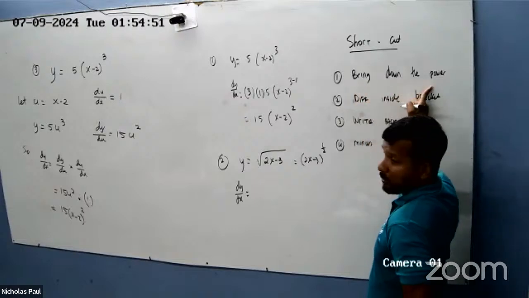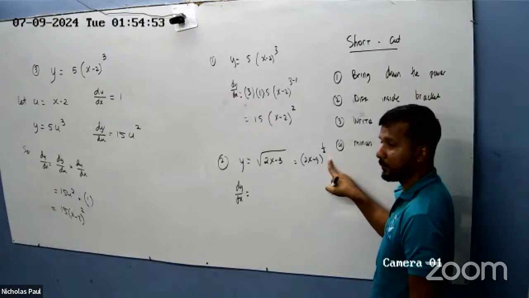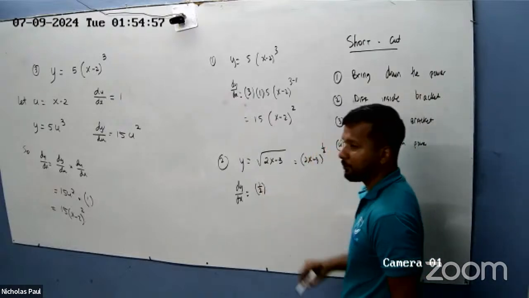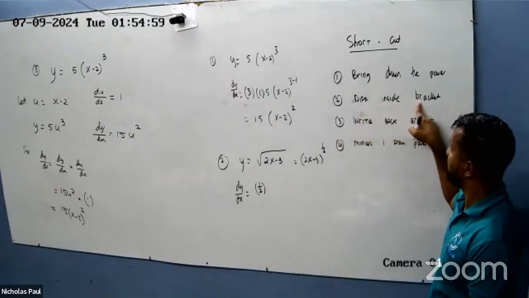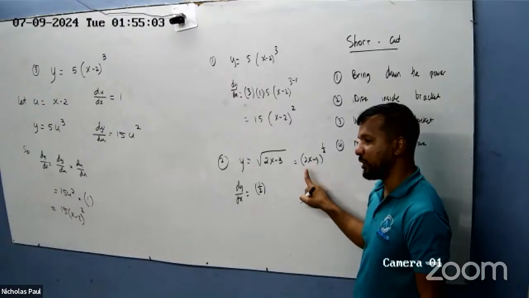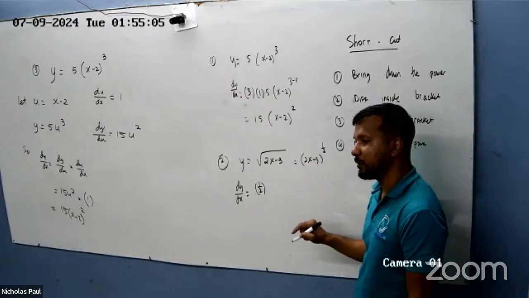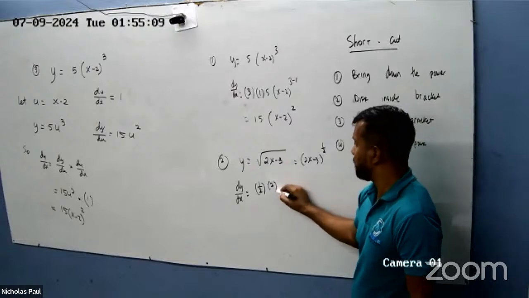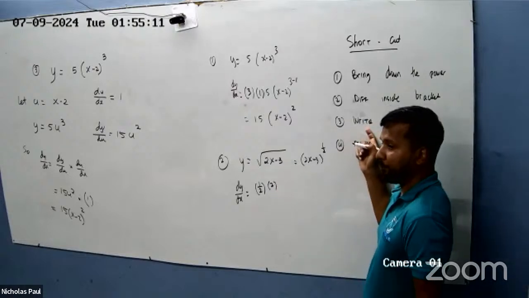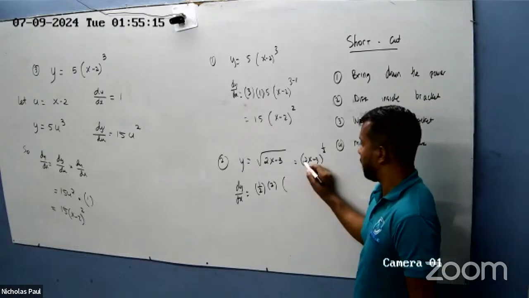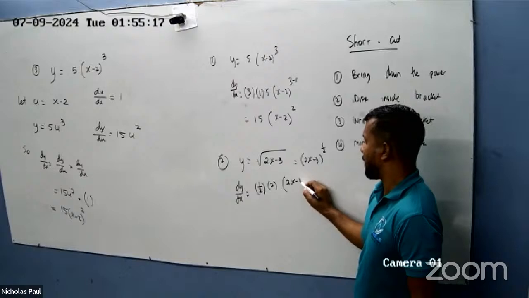Bring down the power, so the power is what? Half. What's the next step? Differentiate inside it. So you differentiate in here. Well, what's the differential of 2x minus 3? 2, nice. What's the third step? Write back the bracket. So the bracket is 2x minus 3.